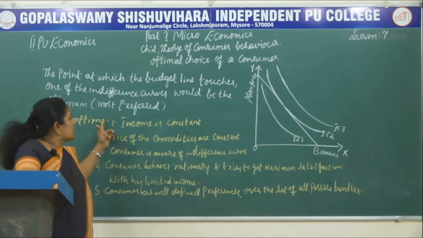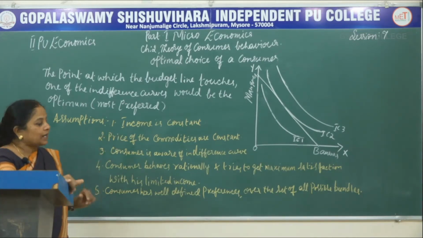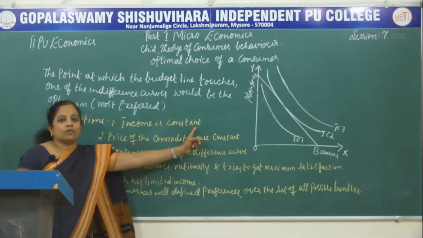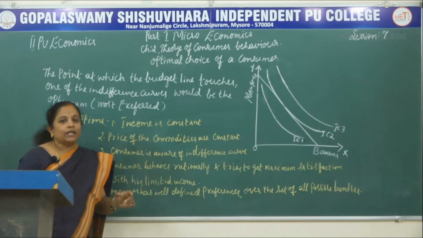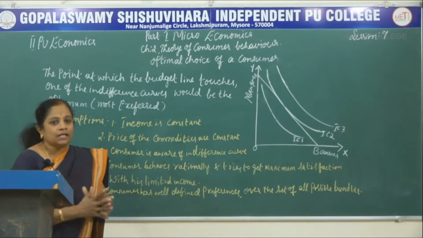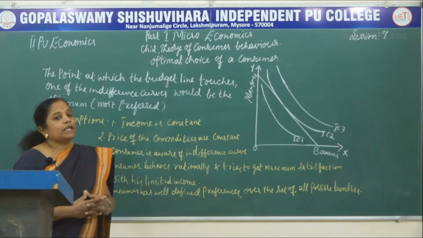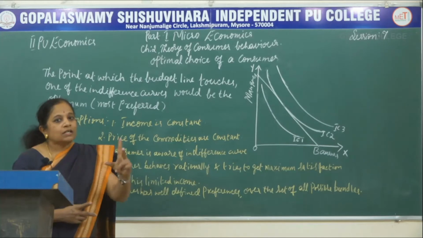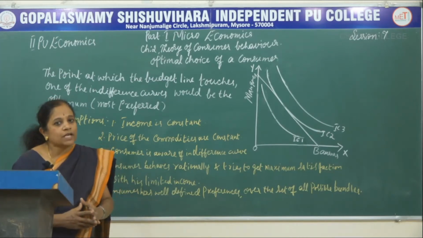The assumptions for the optimal choice of the consumer are like this. The first assumption is that income is constant. The income of the consumer is constant. He goes to the market with a certain amount of income, and out of that income he searches for the combination of two products, because the budget set contains the combinations of two products which give him the maximum level of satisfaction.